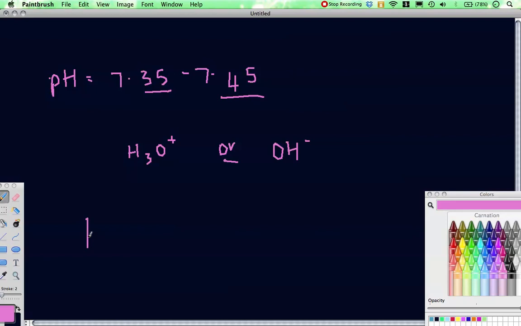That is the carbonic acid, our H2CO3, which we all know is a weak acid, and our bicarbonate ion. That is the primary buffer system for blood.